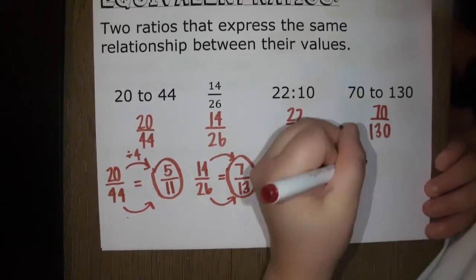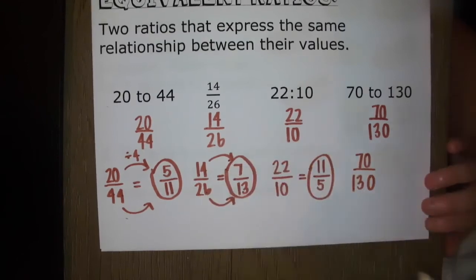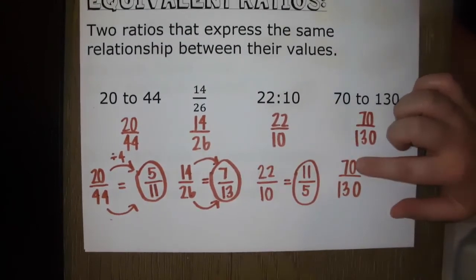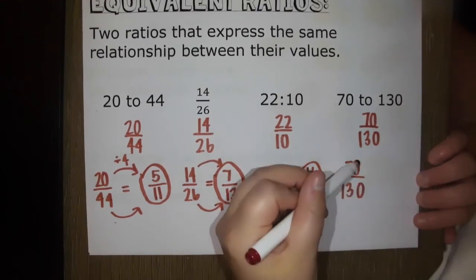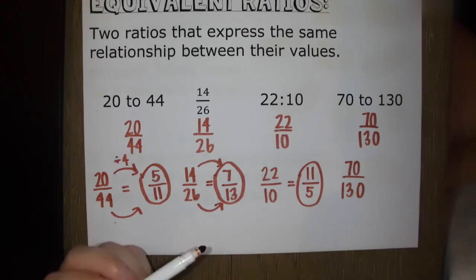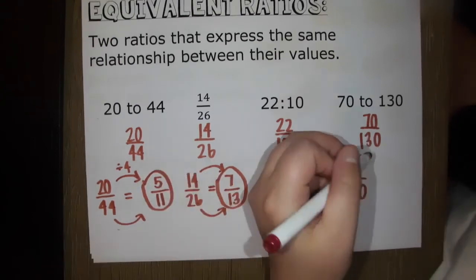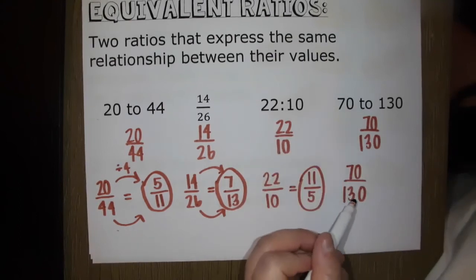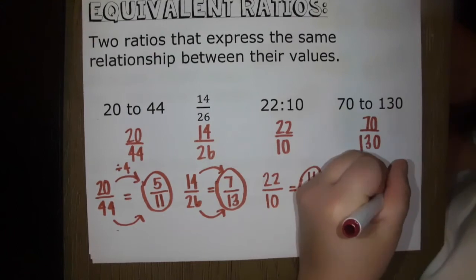Next one, 70 over 130. I love fractions that trail with zeros on both the top and bottom because essentially you can just slice through them. Slicing through them is the equivalent of dividing by 10. 70 divided by 10 is 7. 130 divided by 10 is 13.